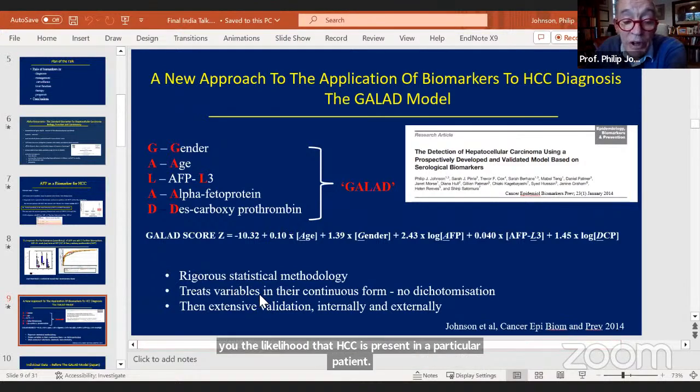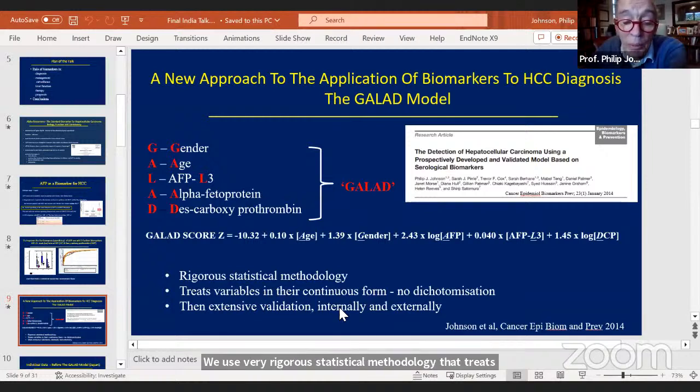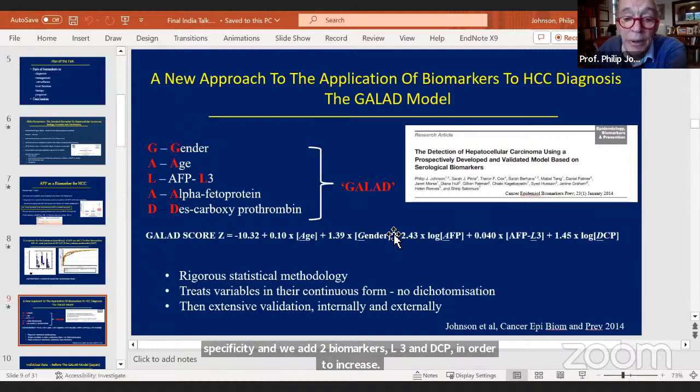We used very rigorous statistical methodology that treats variables in their continuous form, and then it's been very extensively validated internally and externally. And if you want to see the original paper, there it is. So just to summarize this, we take AFP with limited specificity and we add two biomarkers, L3 and DCP, in order to increase the specificity.